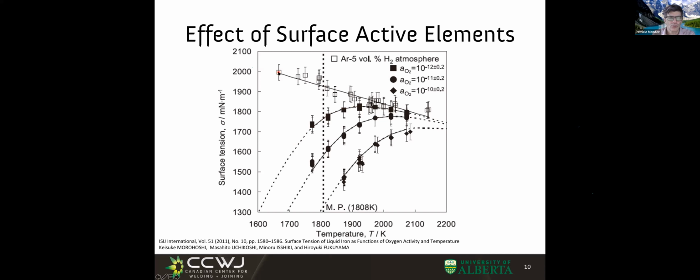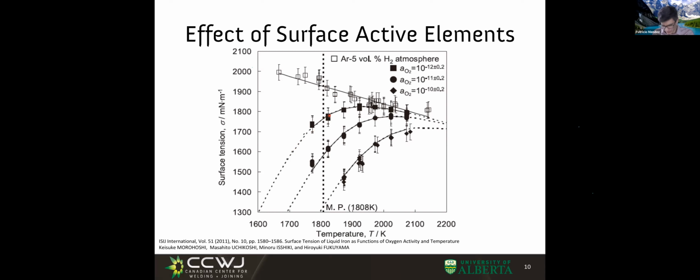I want to draw your attention that when we are in a pure metal, higher temperatures mean lower surface tension. But when we are in a metal that has these surface active elements such as oxygen or sulfur, the surface tension increases with temperature. How paradoxical. Higher temperatures mean higher surface tension.